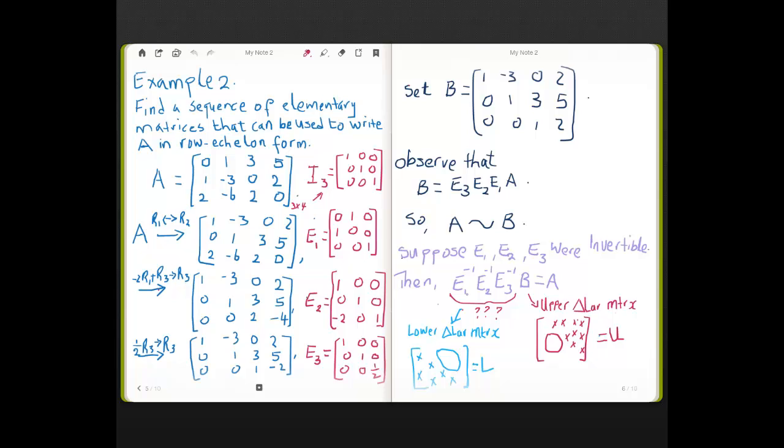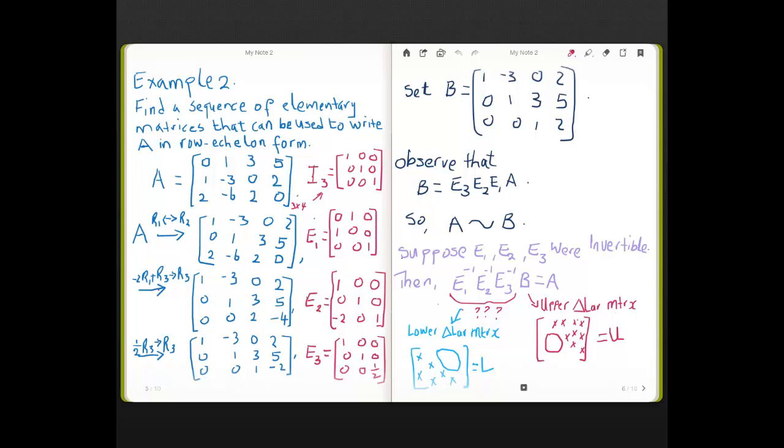Could it be that E1 inverse times E2 inverse times E3 inverse together would create a lower triangular matrix? As a matter of fact, yes. The product of the inverses of all the elementary matrices created would result in a lower triangular matrix.